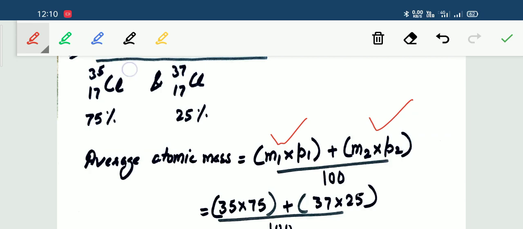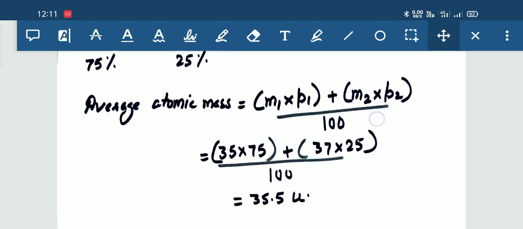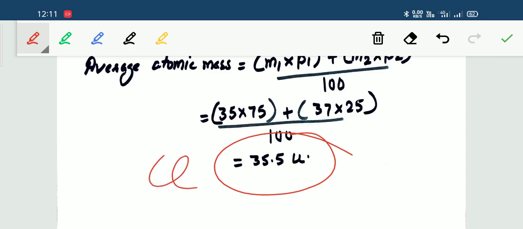In the first case, that is chlorine 35, the mass is 35 and the percentage is 75. That means 35 into 75 plus the mass of the second isotope, 37, and the percentage of the second isotope, 25, divided by 100, and the answer comes out to be 35.5 u. Therefore, the atomic mass of chlorine is 35.5 u.